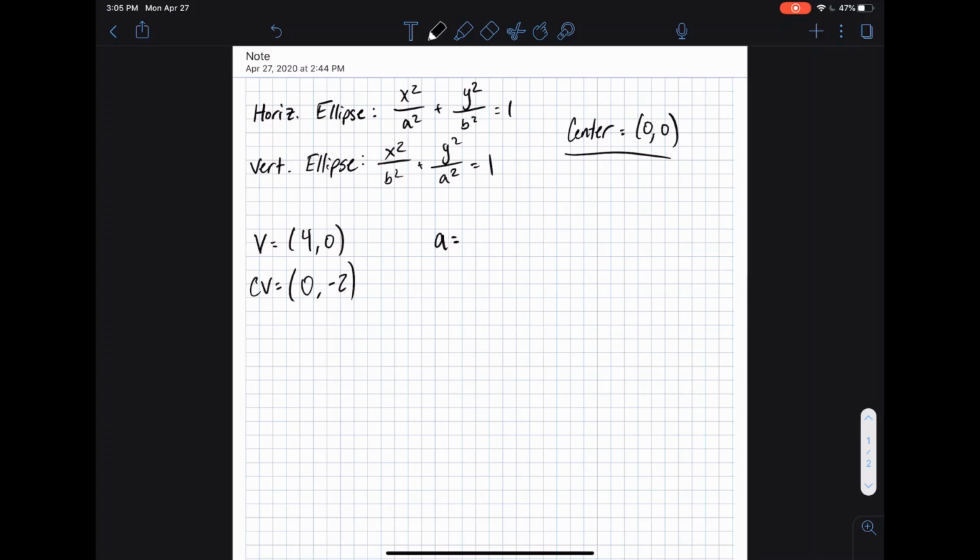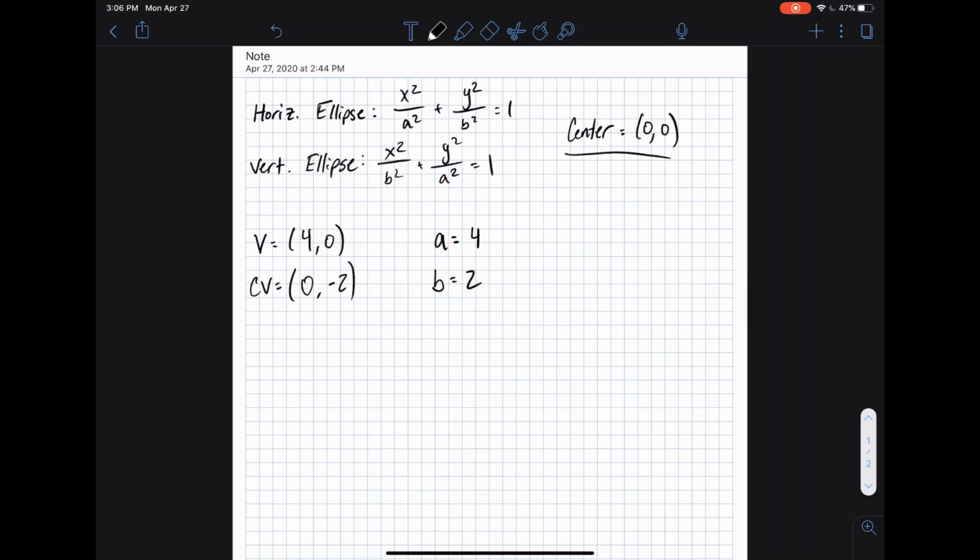In that case, it's just 4, right? If your vertex is at 4, 0, and the center is 0, 0, the distance is just 4. And B would be the distance from the center to a co-vertex, and that's just 2. It's not -2 because you can't have a negative distance, so it's just 2.